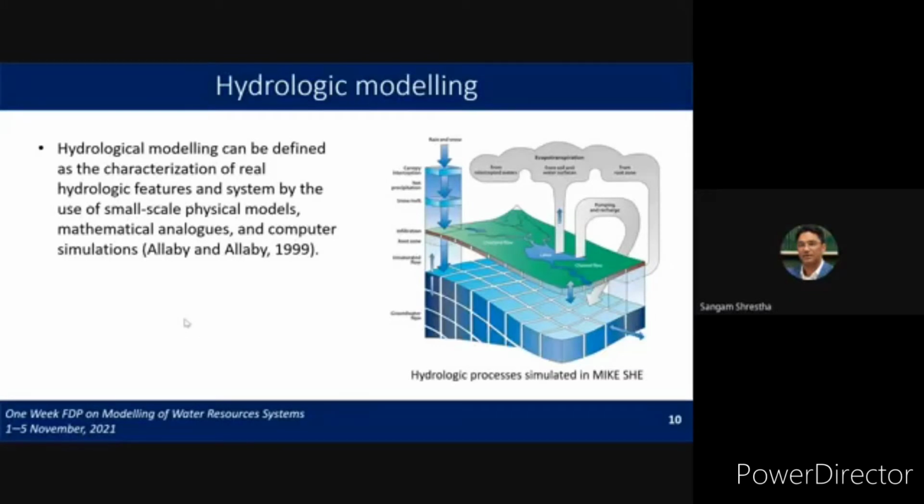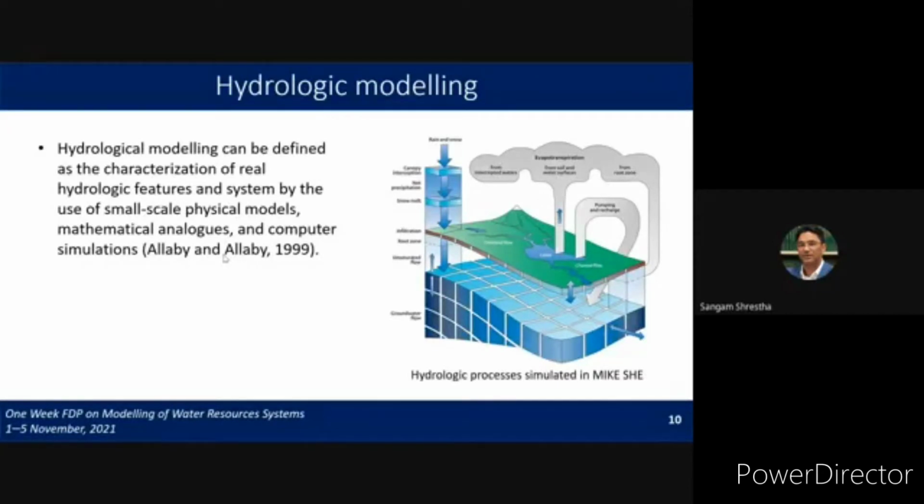Hydrological modeling is defined as characterization of the real hydrological features or the system by the use of small-scale physical models, mathematical language, and computer simulation. So hydrological modeling is a creation of an artificial representation of the real world system.